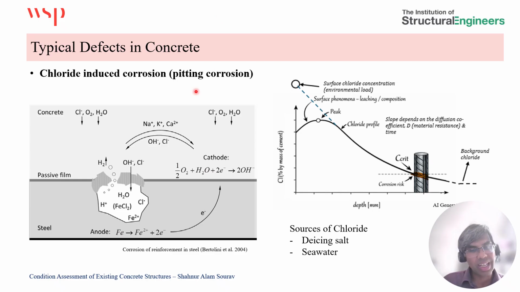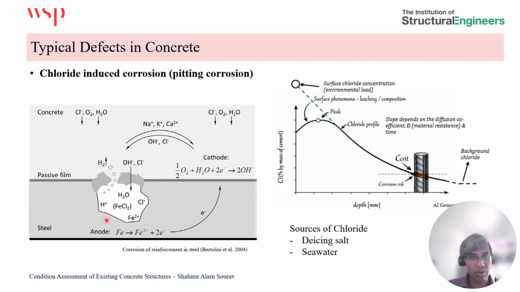So this type of corrosion is not uniform, unlike what we have seen in the carbonation-induced corrosion. These are rather local in nature. The corrosion will occur at a particular location only, forming a pit. We call this the formation of a local anode with a large cathode.